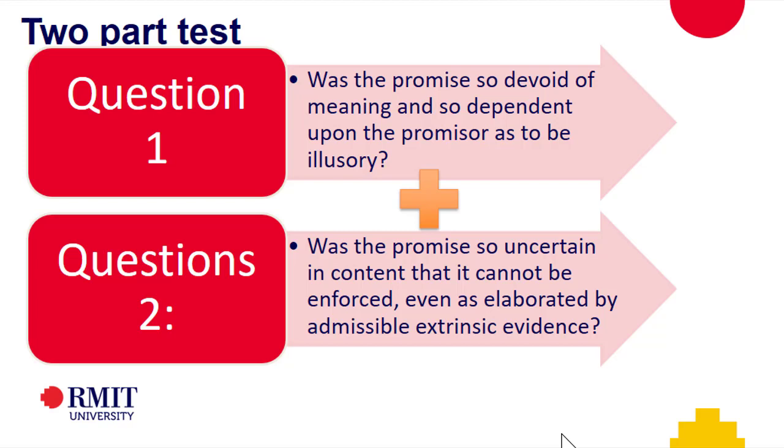If the answer to the first one is no, then we don't really have an illusory issue. But then we will still ask 2 because it may well be that we lack uncertainty. So in case it was a no-no, we might have a yes.